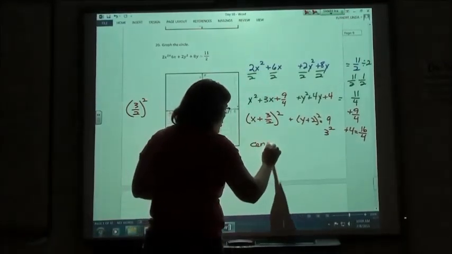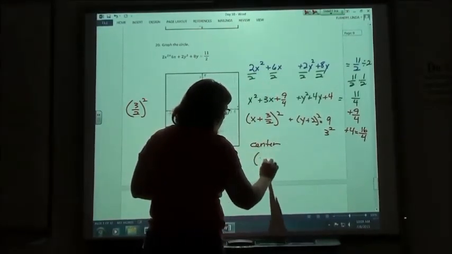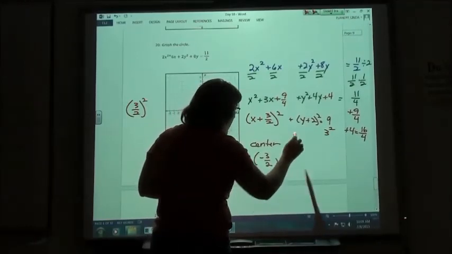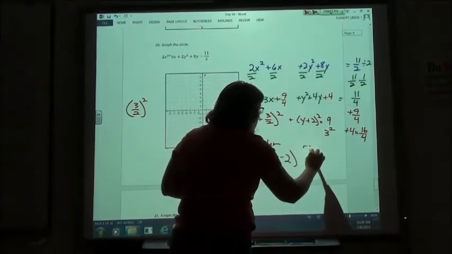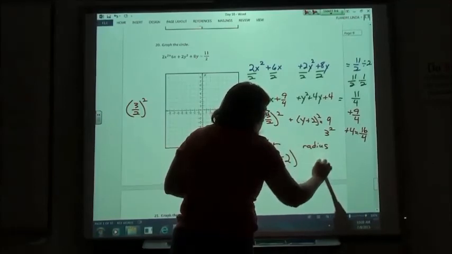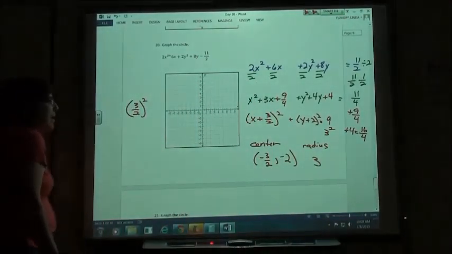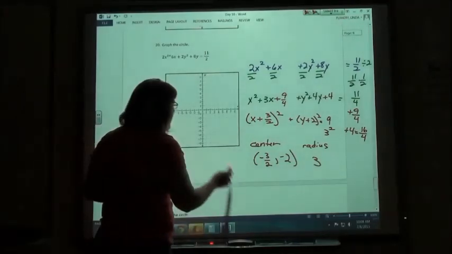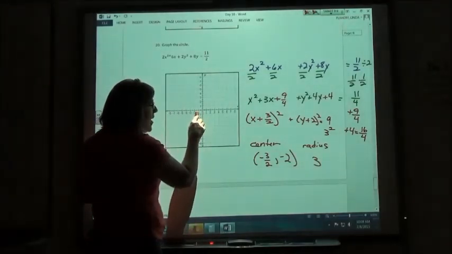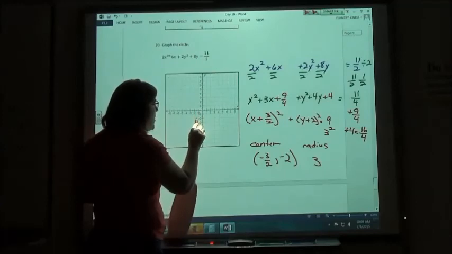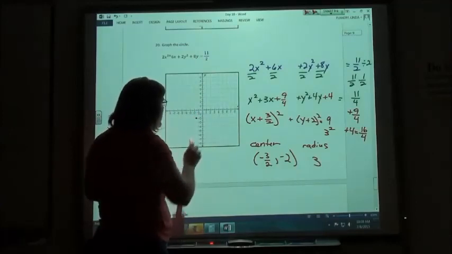My center then is at -3/2 and -2. My radius is 3. So -3/2 is -1.5. So -1.5, -2 would be right there. And then my radius is 3.